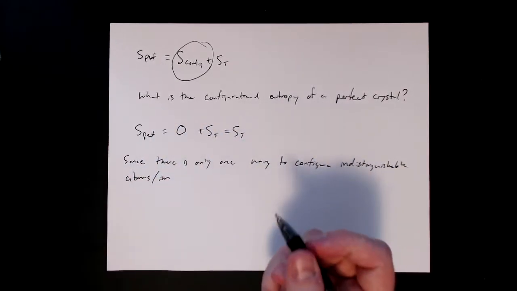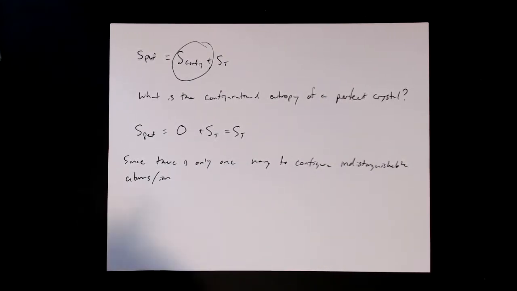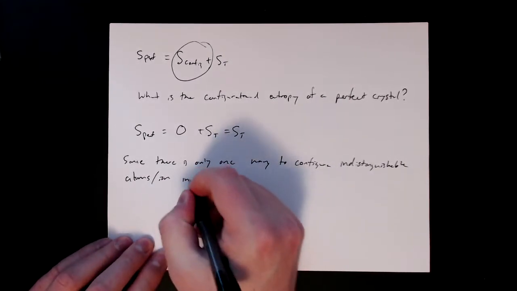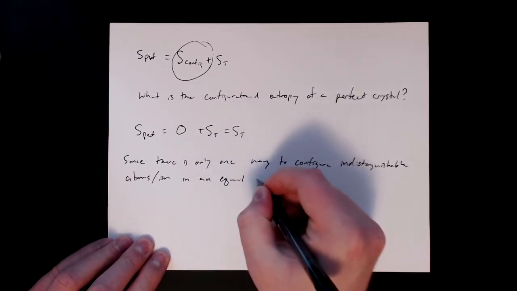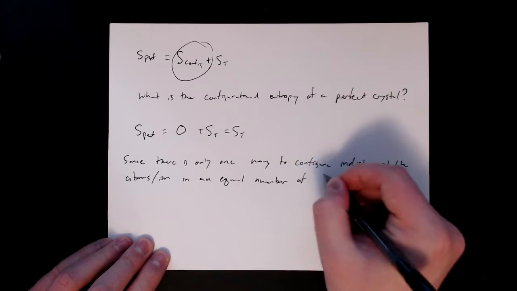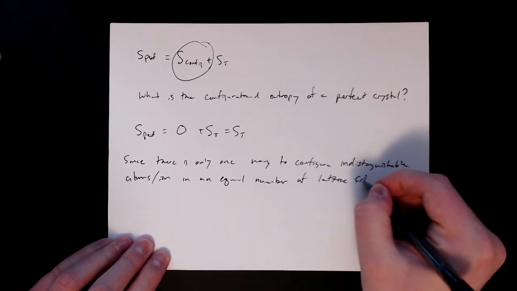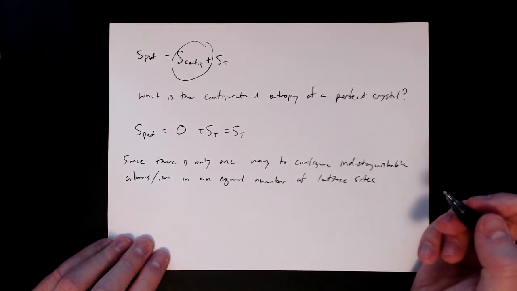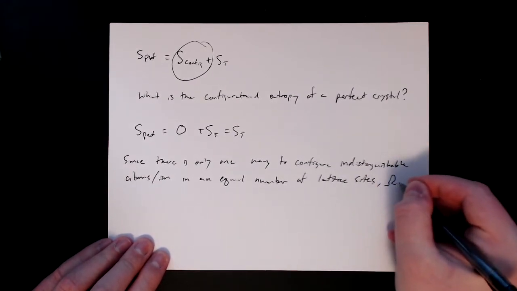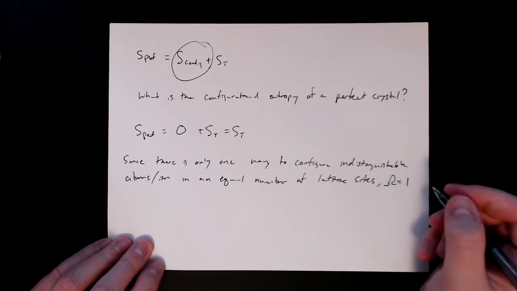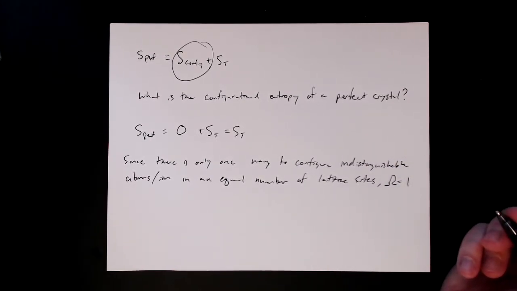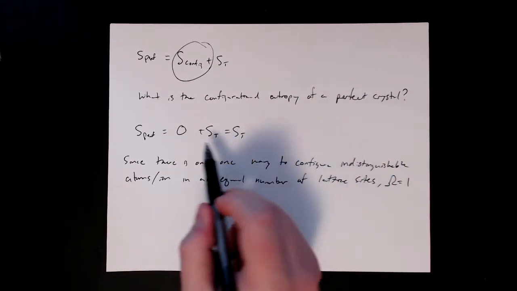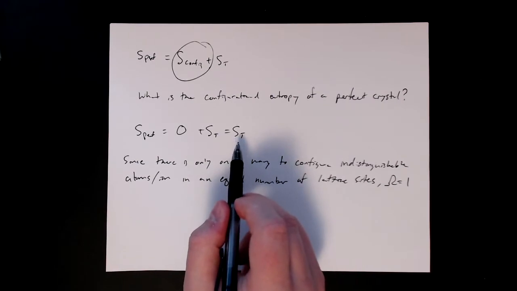We're counting all of the atoms or ions as the same, so it doesn't matter if they switch spots in an equal number of lattice sites. So that means in this perfect crystal, there are no vacancies, there are no defects, and so there's really only one configuration, everything in its correct spot. And so that omega term from Boltzmann's equation is equal to 1, and therefore the entropy becomes 0. So then we're just left with the thermal term in the entropy.